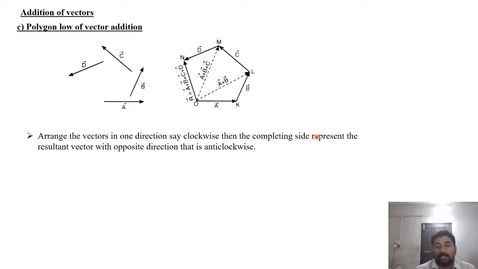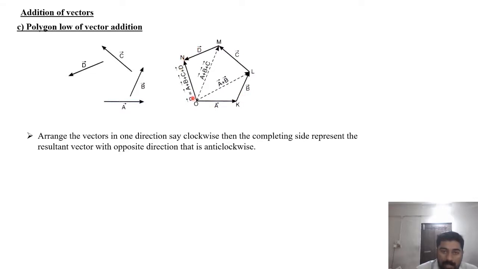Then complete the side that represents the resultant vector with the opposite direction, that is anti-clockwise. What is the meaning? All these vectors have some direction, so you have to arrange them such that all the vectors are in one direction, A, B, C and D all with arrows pointed in this direction.